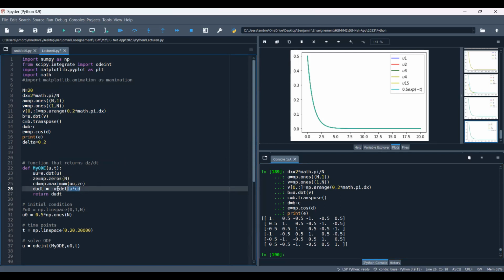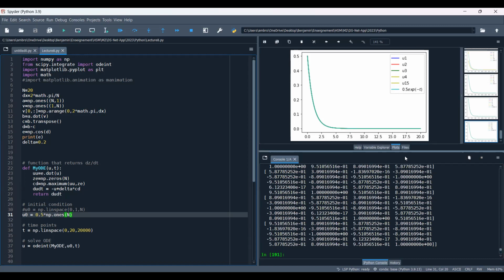And then here I have my ODE. So let's start with the case where everybody is constant, so let's say everybody is equal to 0.5. I run my program, and everybody has the same shape, which is actually 0.5 exponential minus t.